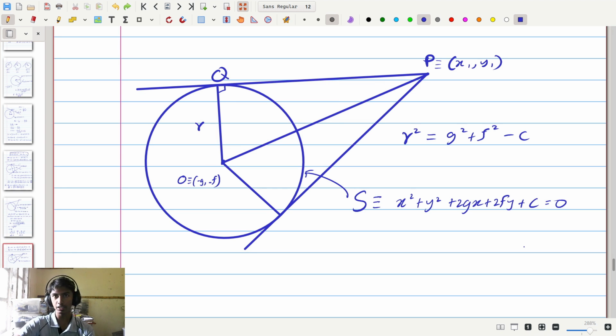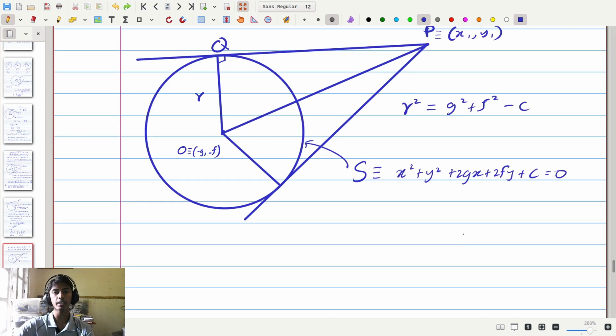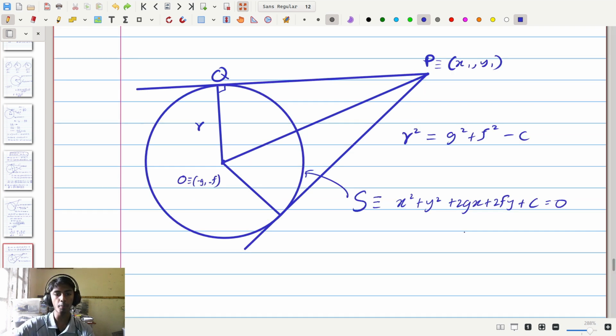Considering this right angle triangle, we could apply the Pythagorean theorem. Applying that, we can see that the hypotenuse squared, or OP squared, must be equal to the sum of the other two sides squared, which is going to be PQ squared plus OQ squared.